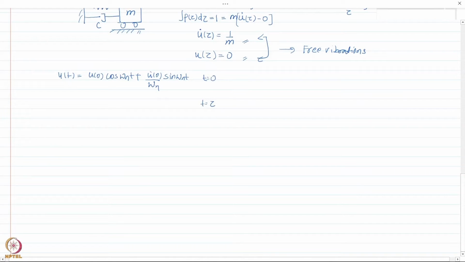So for our case, the expression will become u of tau cos omega n (t minus tau) plus u dot of tau over omega n times sine omega n (t minus tau). Remember our motion is starting at t equal to tau, and there is no force before t equal to tau, so I'm shifting my axis.